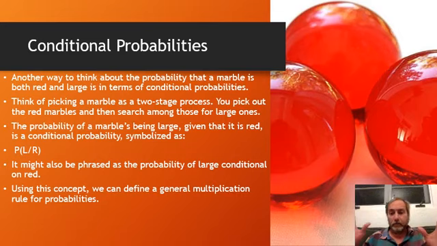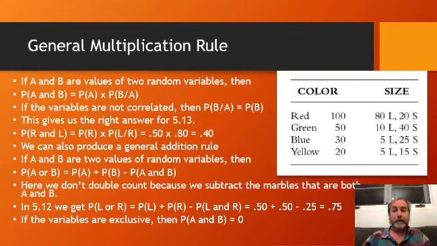With the concept of a conditional probability, we can now define a more general multiplication rule for probability. We're still in model 2 here, on the right, where we've got 100 reds and 80 of those are large. So we have a correlation in the population between redness and largeness.